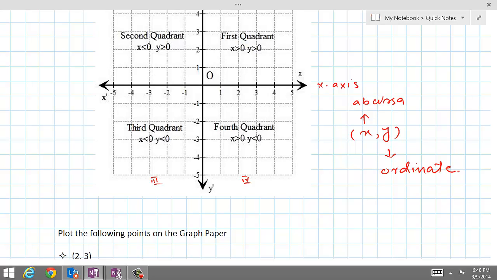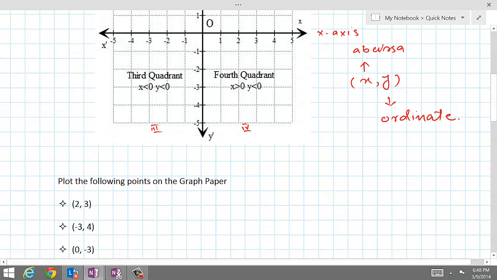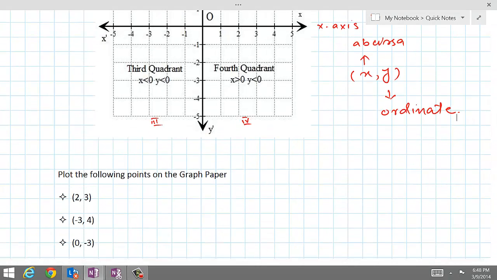Abscissa is only responsible for the horizontal movements, and ordinate is responsible for the vertical movements. All the movements must start from origin, and we can start plotting points on the Cartesian coordinate plane.